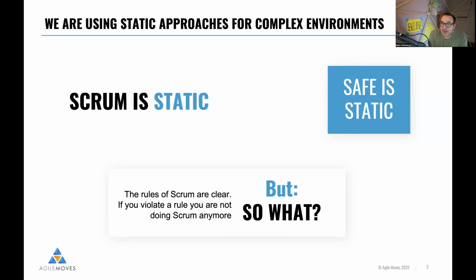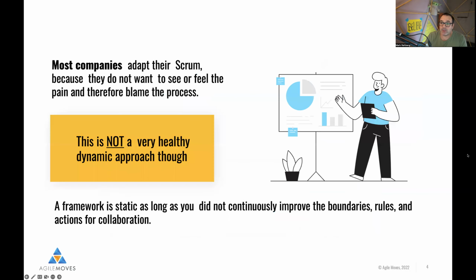But a lot of teams or a lot of companies, of course, are changing their framework. What I see most of the time is they don't change the framework or its elements to become healthier and more purpose-driven. Most of the time they are changing it because they don't want to see or feel the pain of the process.